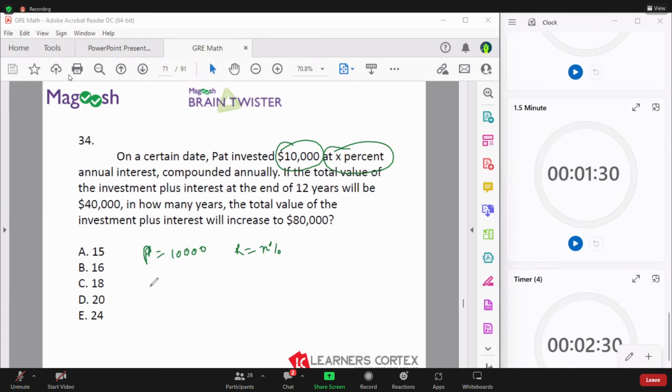The formula for compound interest is amount payable equals principal times 1 plus R over n times 100, to the power of n times t.